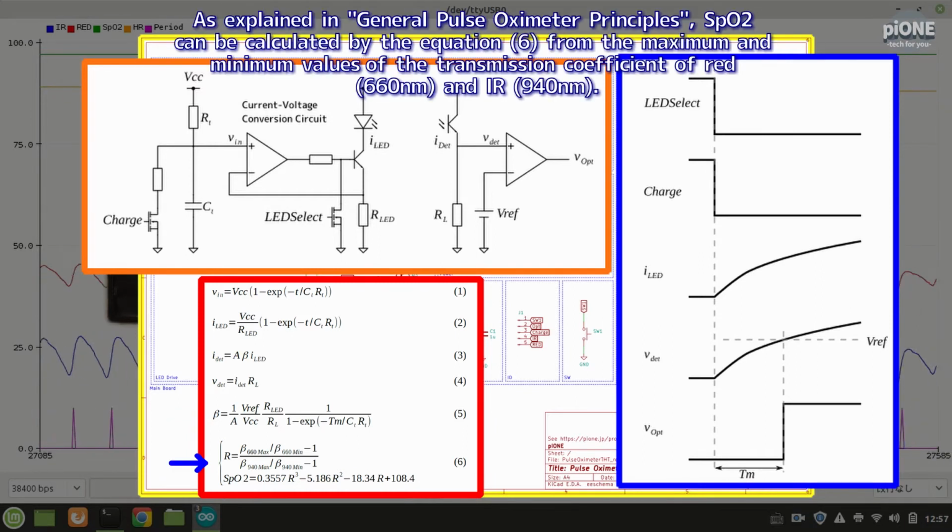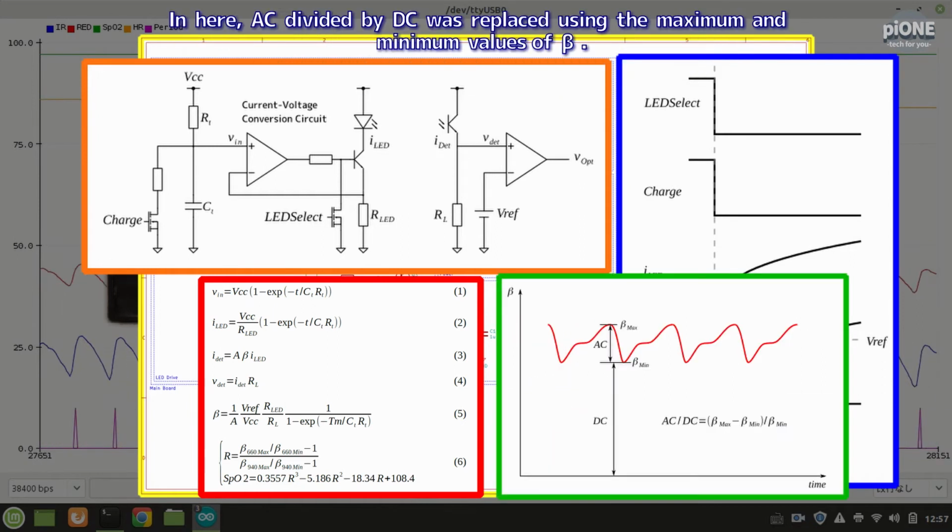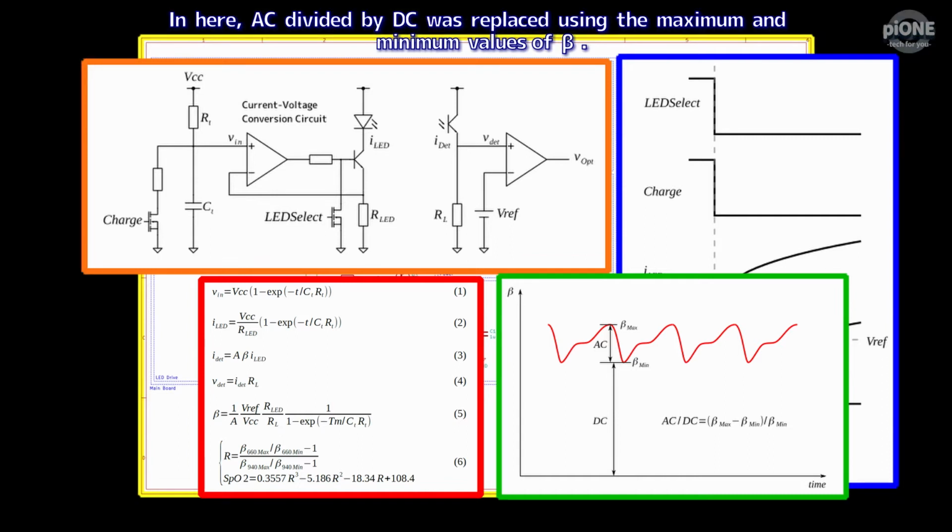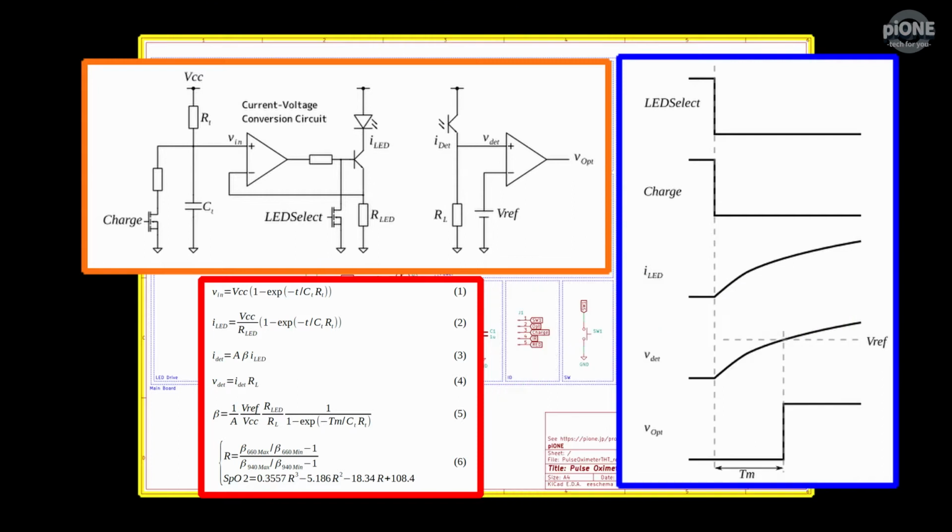As explained in general pulse oximeter principles, SpO2 can be calculated by equation 6 from the maximum and minimum values of the transmission coefficient of red, 660 nanometers, and IR, 940 nanometers. In here, AC divided by DC was replaced using the maximum and minimum values of beta.